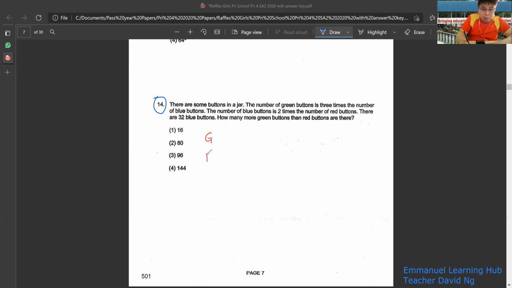So this question, you have to draw a model. The number of green buttons is 3 times the number of blue buttons. And the number of blue buttons is 2 times red buttons.